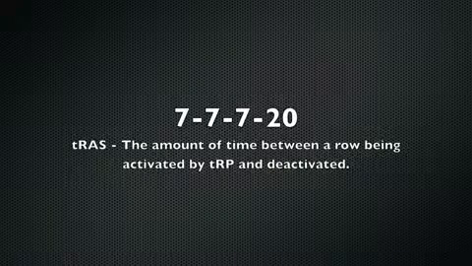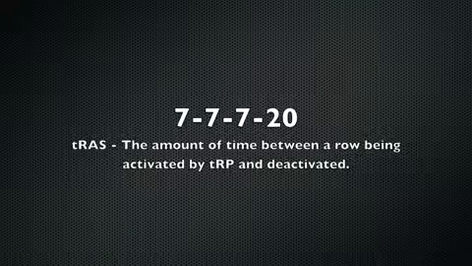Now this last number is the RAS timing. It's the amount of time between rows being activated by precharge and deactivated. A row can't be deactivated until the RAS is completed. So you've got to remember, the lower number is the faster performance, but if you set it too low, it can cause data corruption by deactivating one of those rows too soon.